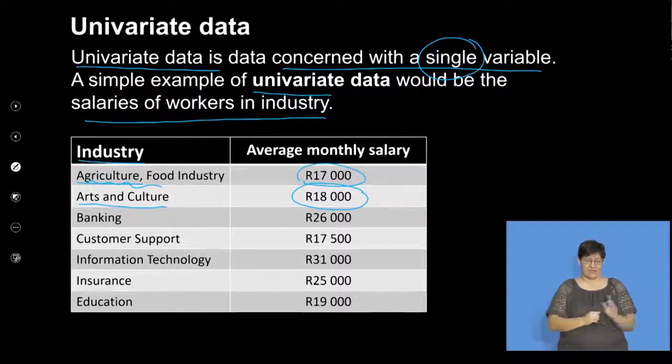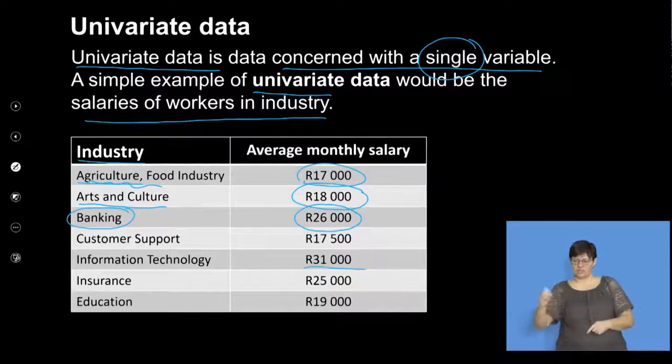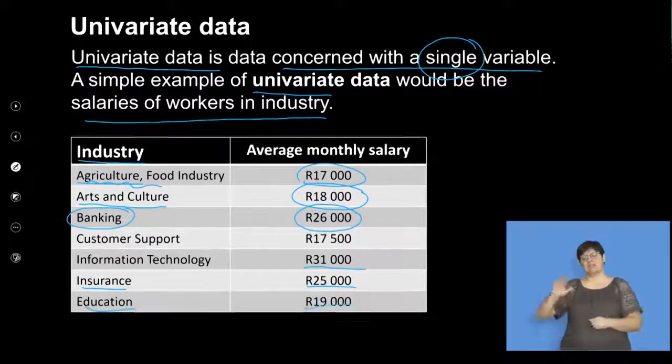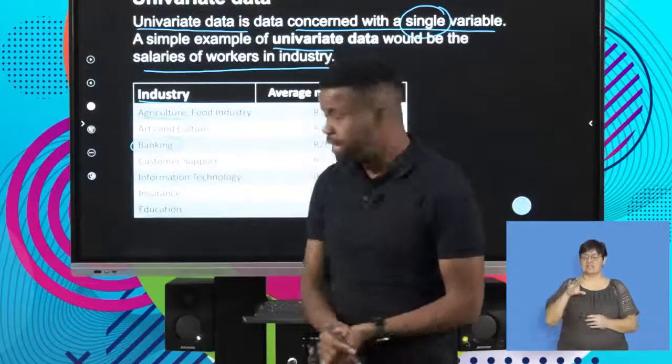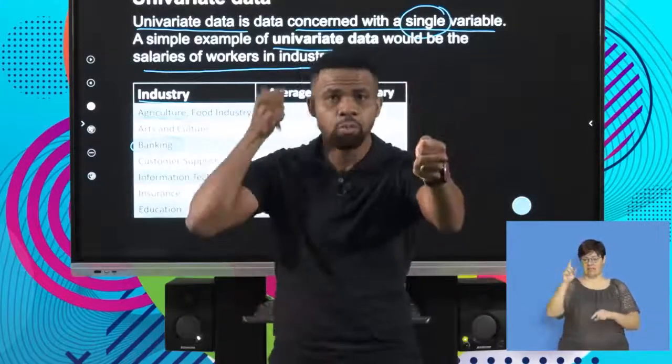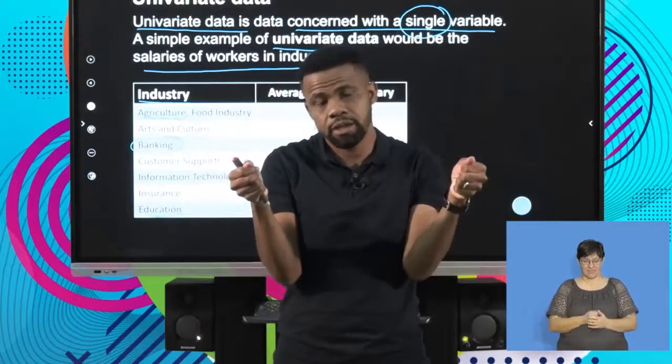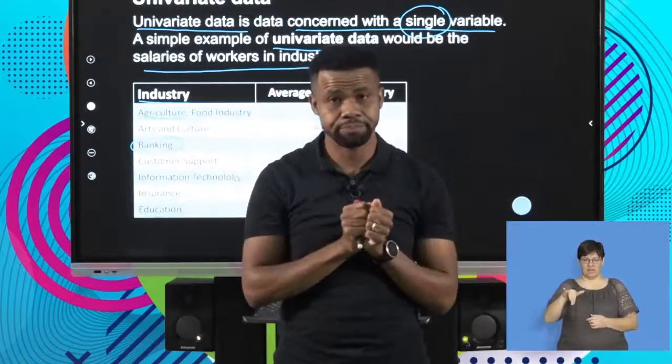In banking, the average salary will be about 26,000, and customer support 17,000, and also we can see information technology 31,000, insurance sector is 25,000, education approximately 19,000. Those are just averages. Univariate data just tells us the industry and one single point. That's our univariate data.